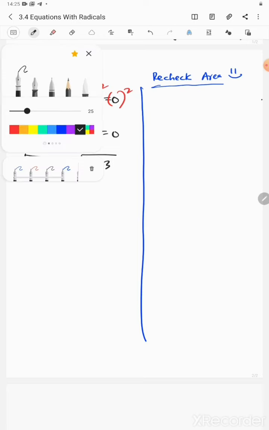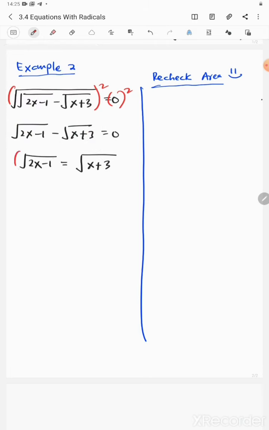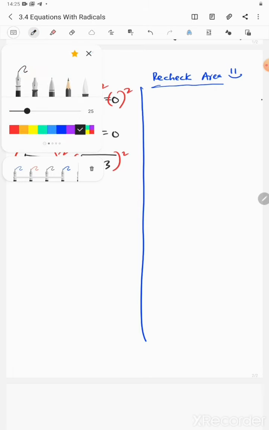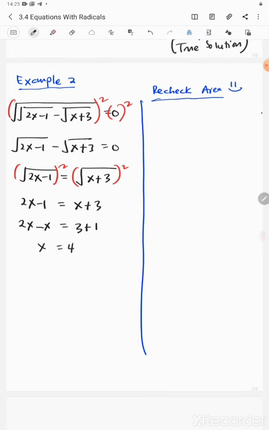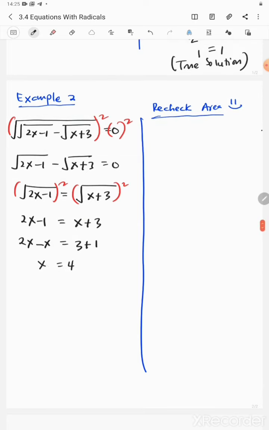Now square both sides, so we get 2x minus 1 equal to x plus 3. So 2x minus x equal to 3 plus 1. We bring all the x values to the left side and the numbers to the right side. So 2x minus x, we get x equal to 4.